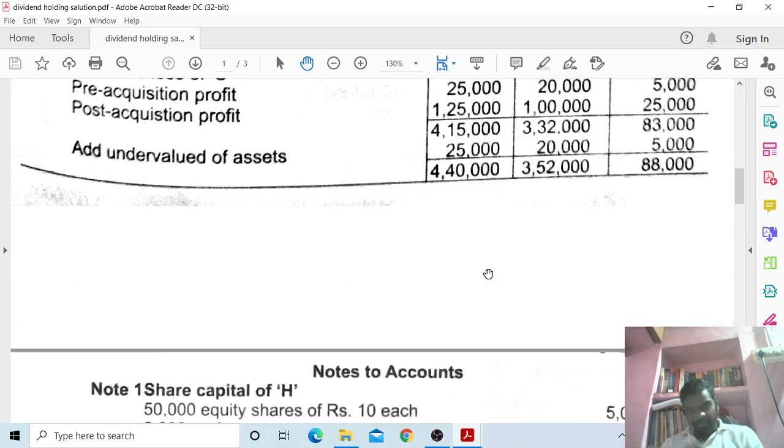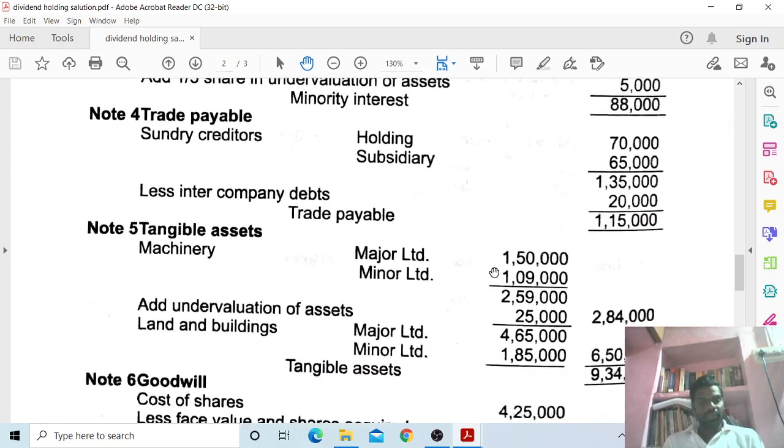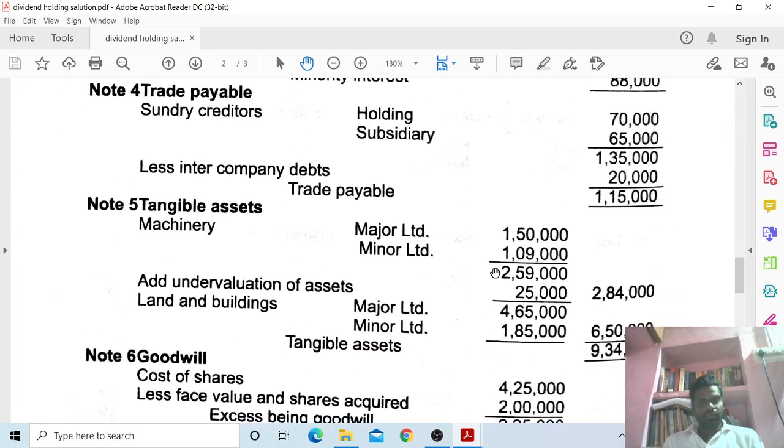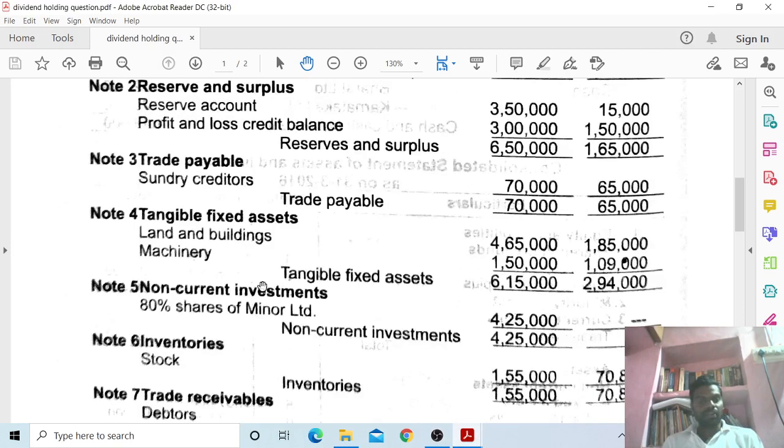You have to add it. So 2,59,000 plus 25,000 is 2,84,000, the total machinery. Land and building in the major company: 4,65,000, you have to take it.